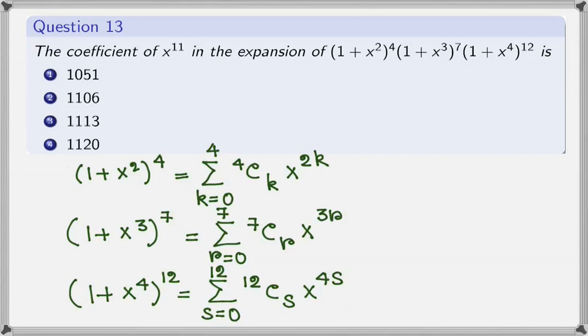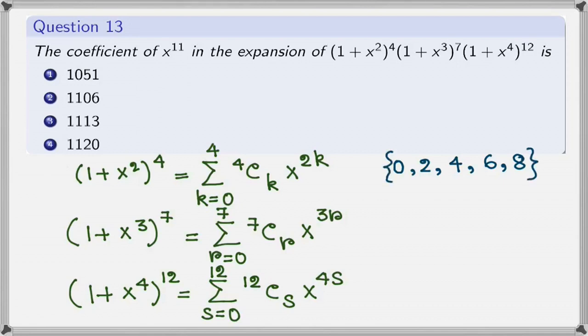Now we can take the product of all the three sums. Let us first note that in the first sum the exponents of x are 0, 2, 4, 6 and 8.